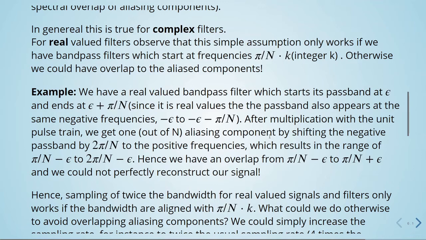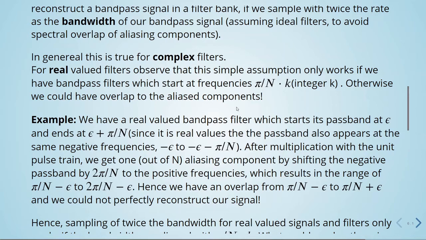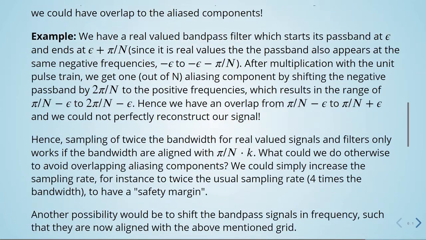So this is an important thing to have in mind, that for real valued signals, the bandpass Nyquist theorem indicates that we must have bandpass filters which start at frequency pi divided by capital N times k. Otherwise we could have overlap of the alias components.